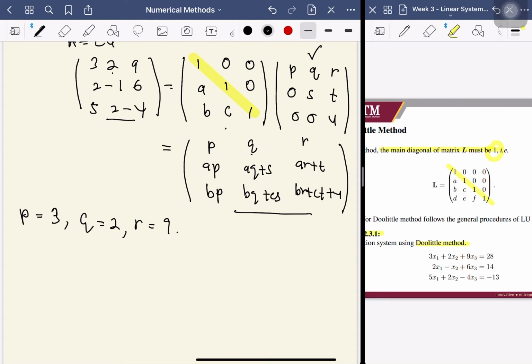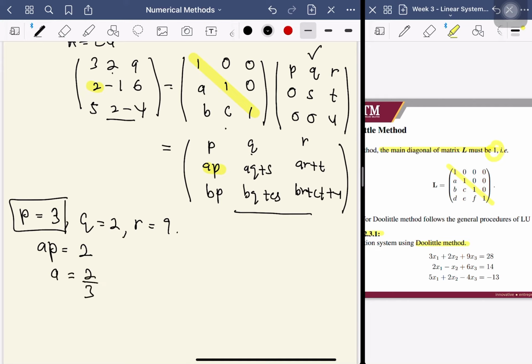For this part, we're going to compare with this one. So we have AP is equal to 2. Since we already know the value of P is 3, A is equal to 2 over 3 here.